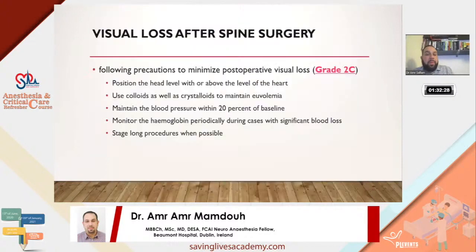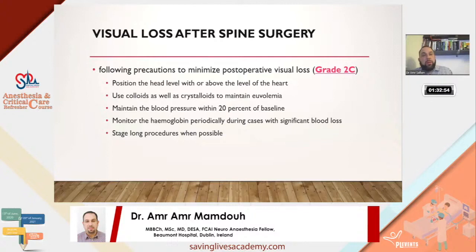So coming back to their recommendation, they ask for precautions to be taken. They have very low grade evidence support, but still, what they ask is simple things like head position at the level or above the level of the heart, use of colloids as well as crystalloids to maintain volemia, and maintain the blood pressure within 20% of baseline.